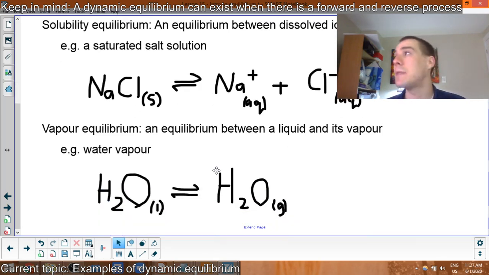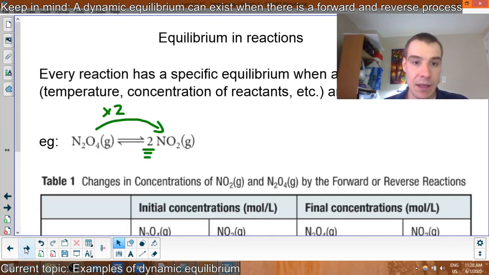And then there are vapor equilibria, the equilibrium between a liquid and its vapor. So water turning into water vapor is one such equilibrium, and it gets faster with higher temperature until you get to the boiling point, when it's all turning into a gas very quickly. So those are some examples of chemical equilibrium, of dynamic equilibria.